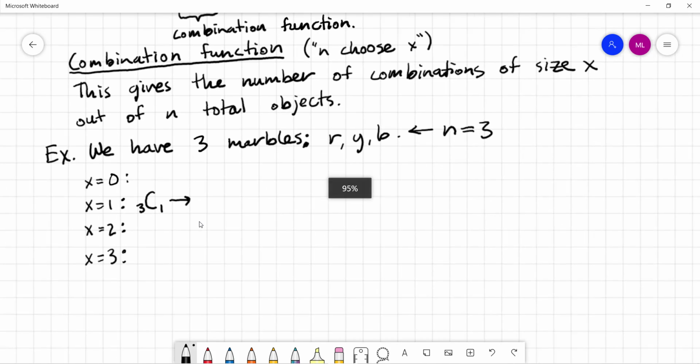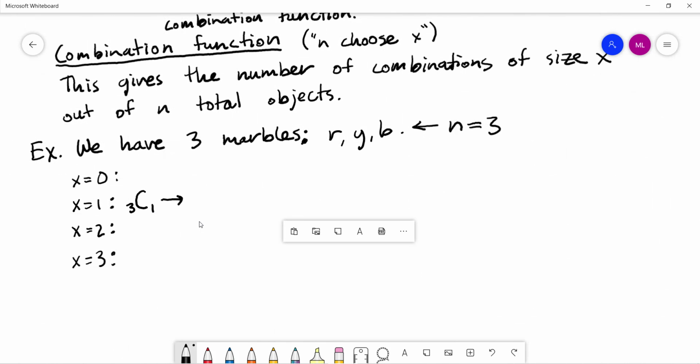So we're going to use set notation, just like we did back when we were talking about probability, with these 3 objects. So if I have a set, let's put my set notation around these objects. Here's the 3 objects I have. I have a red marble, a yellow marble, and a blue marble. How many different ways are there to pick one marble out?